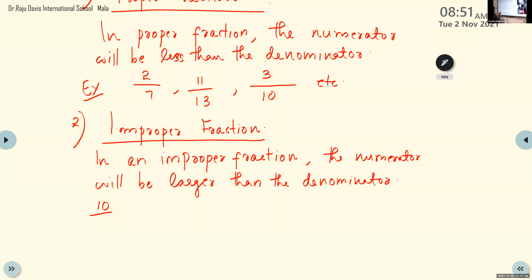Example, 7/2, 18/9, 10/3, 13/11, 20/40. Write fast, children.